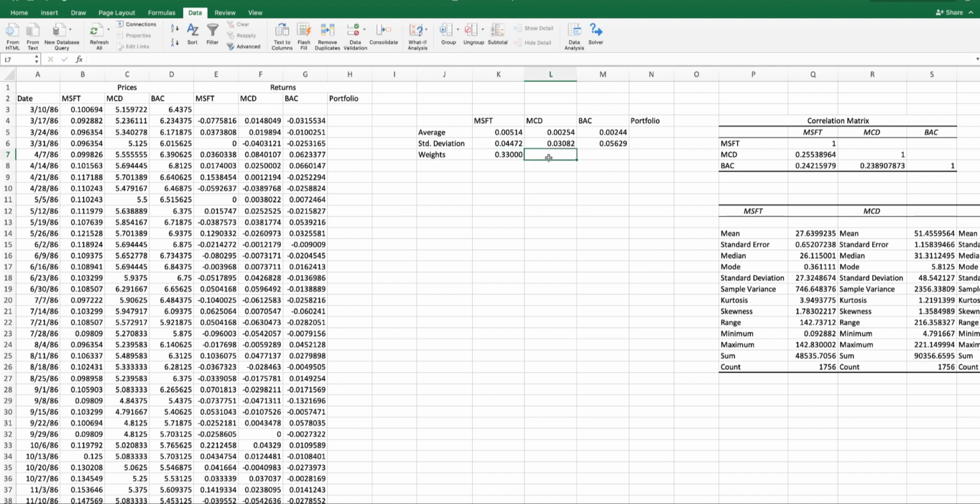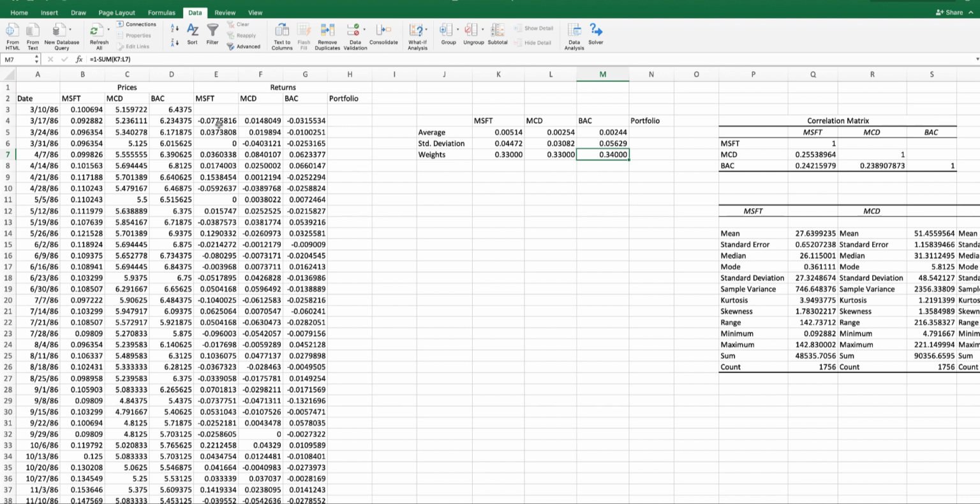So 0.33, 0.33, and then this will equal 1 minus some. You can just assign 0.34, but this is just easier when you play around with the numbers. So we're saying we're going to equally invest in Microsoft, McDonald's, and slightly a little bit more in Bank of America.